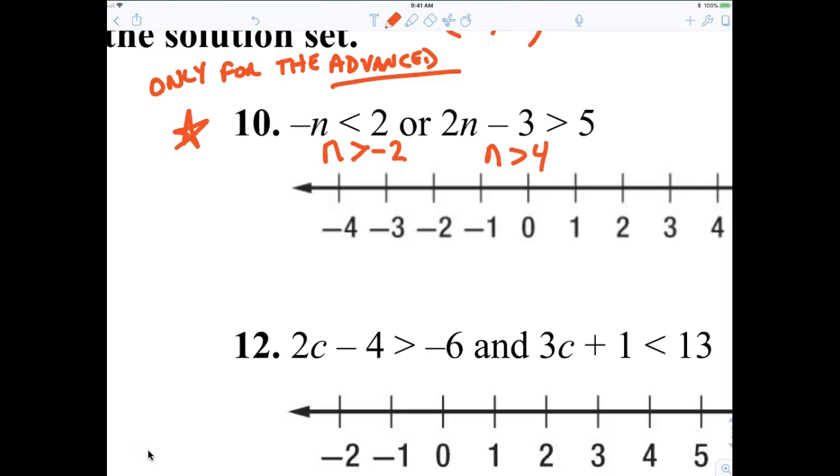But it's not complicated for us because this is what I'm trying to teach you. If you understand what an or statement means, then this is easy. All right? So again, the or statement means that it has to be true for one or the other. Or it could be true for what? Both. All right?